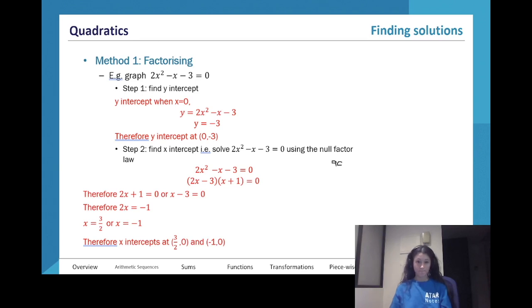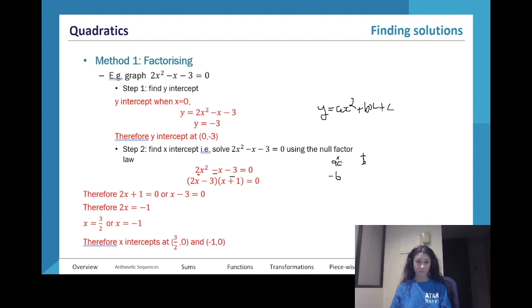We need to look at the AC and the B. Remember we're considering our general form, ax squared plus bx plus c. So our a here is 2, our b is -1, and our c is -3. If we multiply our a and our c values together, we get -6.